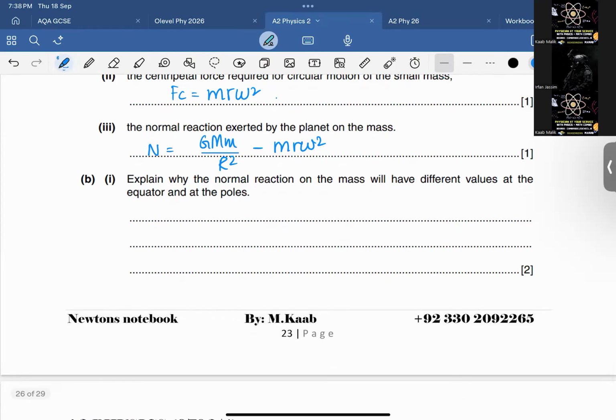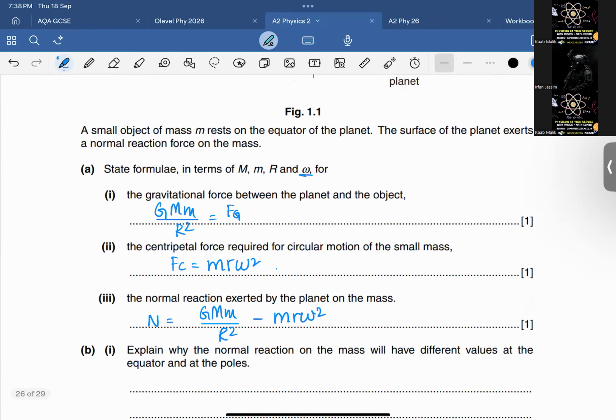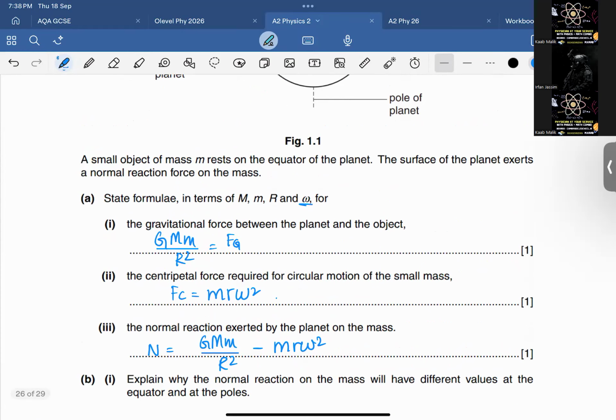Wait, what is this GMm? Isn't it supposed to be weight? No, the weight is basically the gravitational force. In this case, you have to use the formula GMm over r squared for the weight. In previous classes and in AS level, we use the weight as mg, right? But here we derive the equation that g is given by GM over r squared.